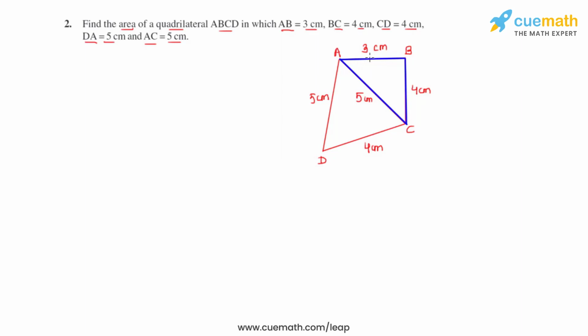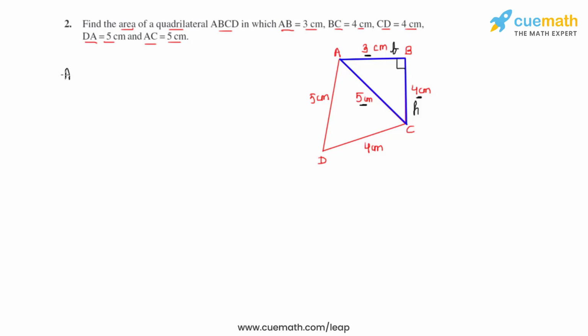By that we mean that if you square the length of AB and the length of BC and add them up, that will be equal to the square of the length AC, which is 5 centimeters squared. So that means triangle ABC is a right angled triangle, right angled at B.